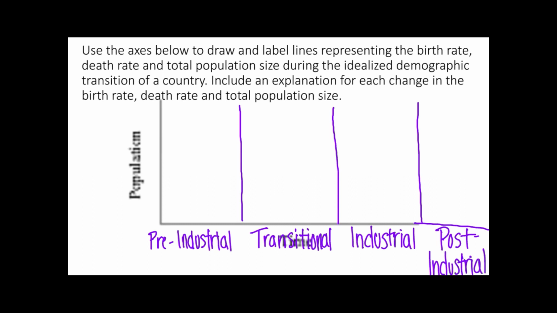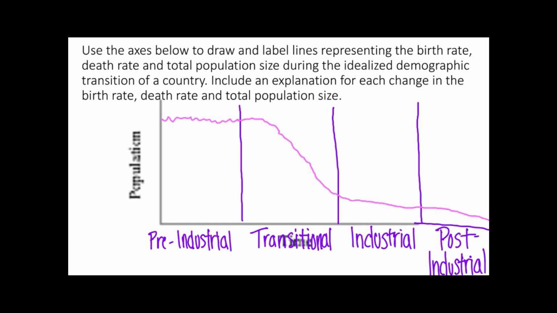Okay. So now let's make our birth rate pink. So in the pre-industrial, the birth rate's pretty high. In transitional, it starts to kind of go down. And then industrial, it's down. And then it gets even lower in post-industrial.